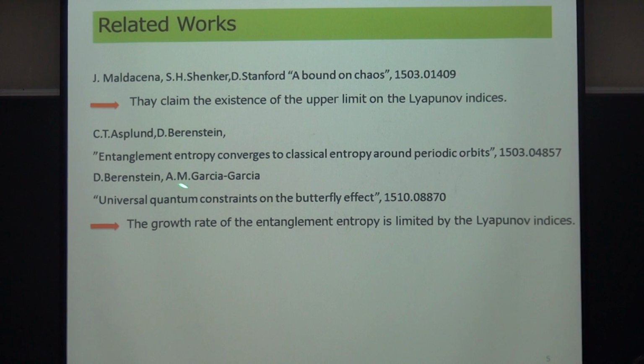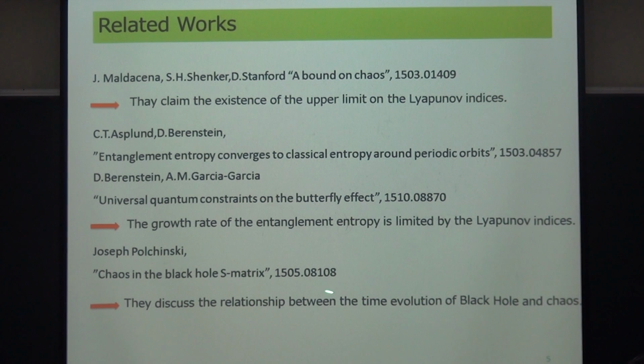And Berenstein and Garcia claim that the growth rate of entropy is limited by Lyapunov exponents. And Poprzinski discusses the relationship between the time evolution of black holes and chaos. So chaos is becoming a hot topic in the study of string theory.